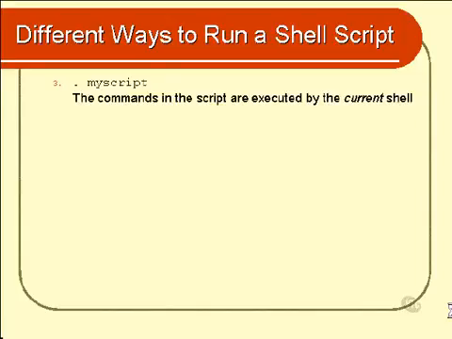Now the reason that is different is that if any variables are set, then the values that they are set to persist after the script has finished. Meaning that if you set that greeting variable to hello, it is actually being set to hello in the current shell, in your login shell, which means that it will still be set to hello even after the script is finished. I'll just demonstrate that.